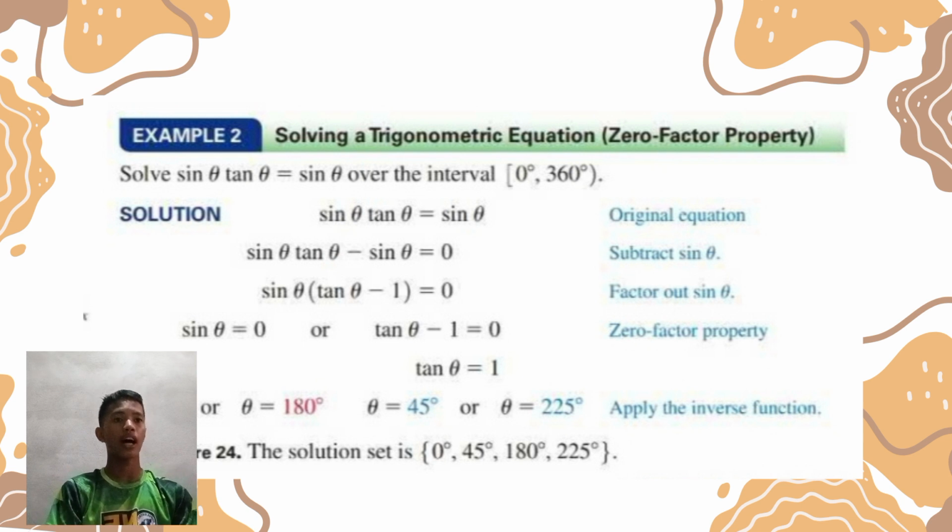Therefore, tangent theta is equal to 1. So theta would be 0 degrees or 180 degrees, and 45 degrees or 225 degrees. We apply the inverse function, so the solution would be 0 degrees, 45 degrees, 180 degrees, and 225 degrees.